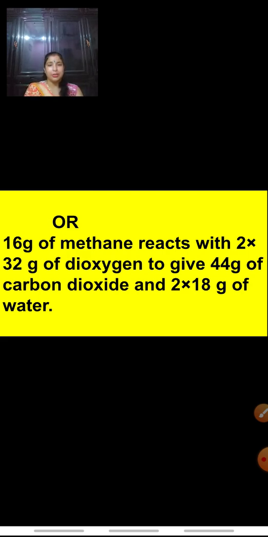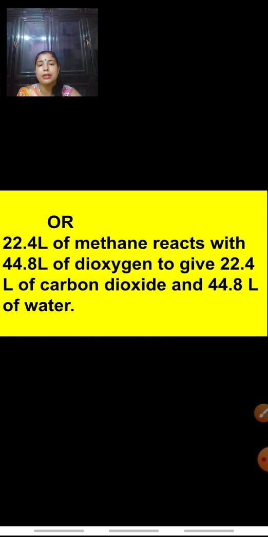So here we have used the mole concept and converted mole into gram, and here we have used the stoichiometric coefficient also to explain how much quantity of reactant will produce how much quantity of product.